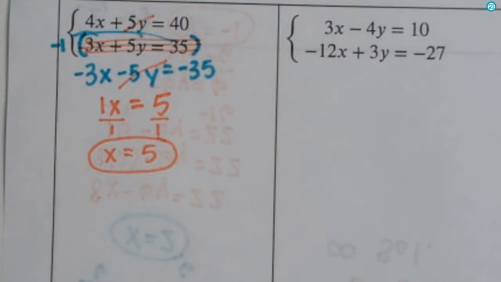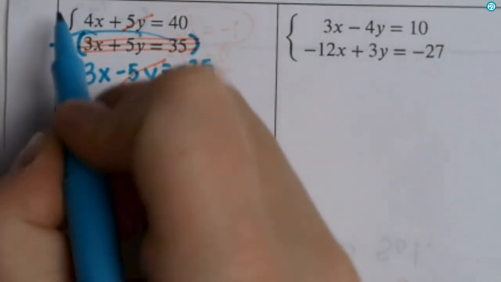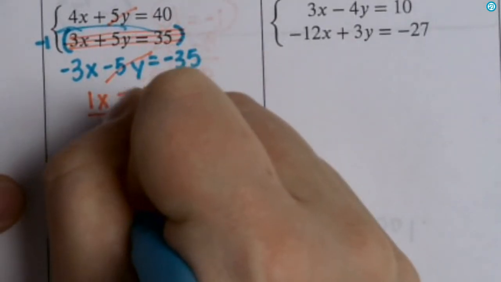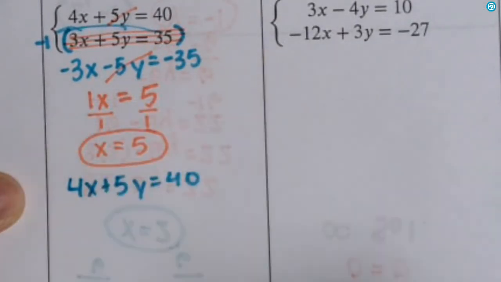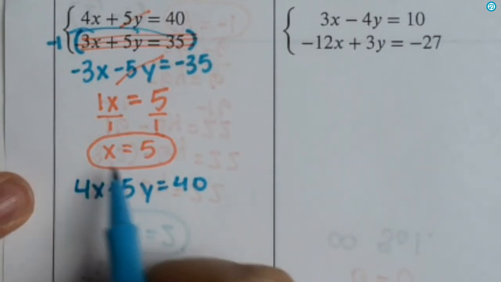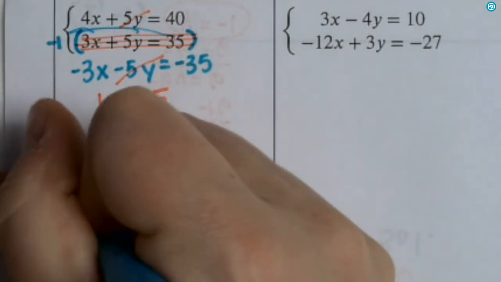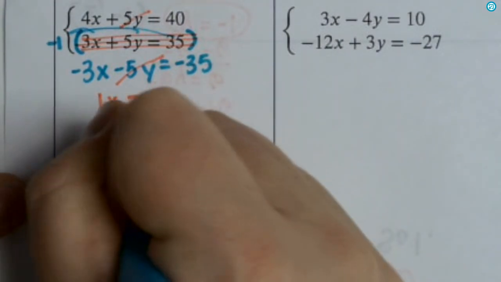I could plug it into either equation. I'm going to choose to plug it into the top one. So it's 4x plus 5y equals 40. It's my original top equation. I'm plugging in 5 for x, because once I know one variable, I need to go solve for the other.